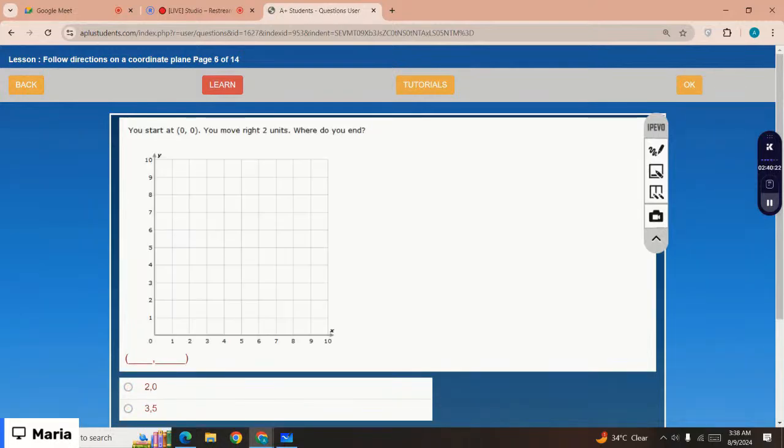Okay, the next one is you start at 0, 0. You move right 2 units. Where do you end?